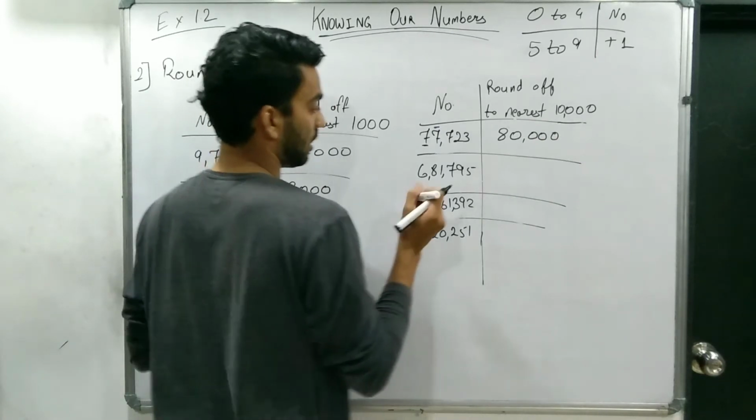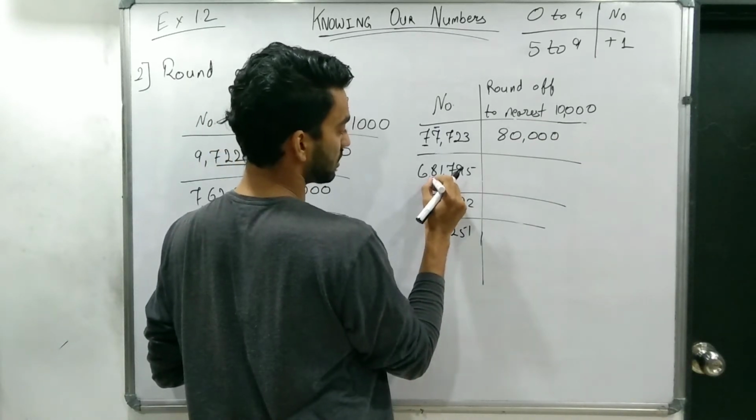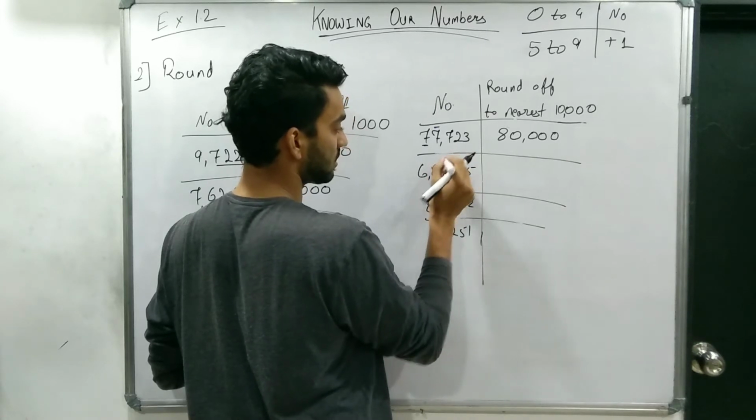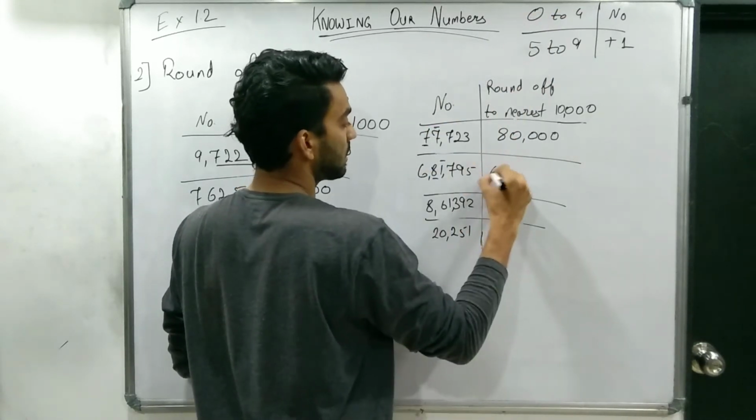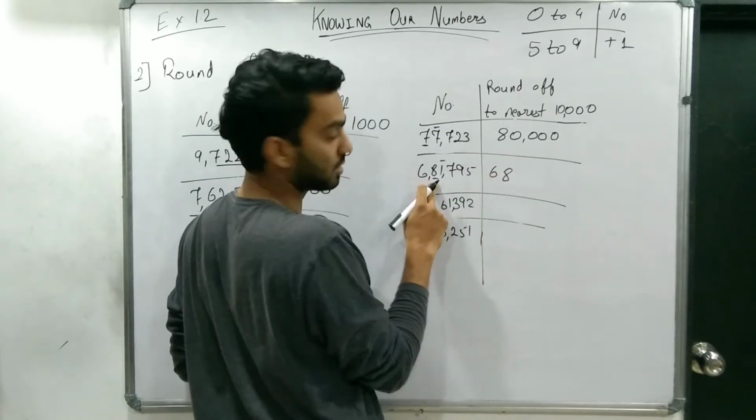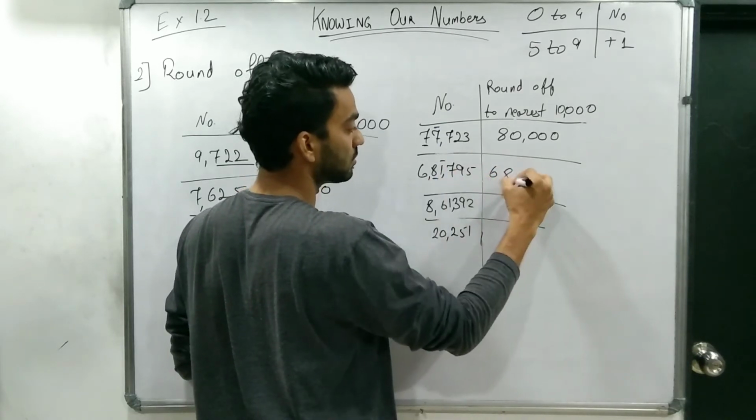Then we have the 10,000's place is this, next digit is this. 1 is in the first group, so 6 8, there is no change in this and these digits will become 0.